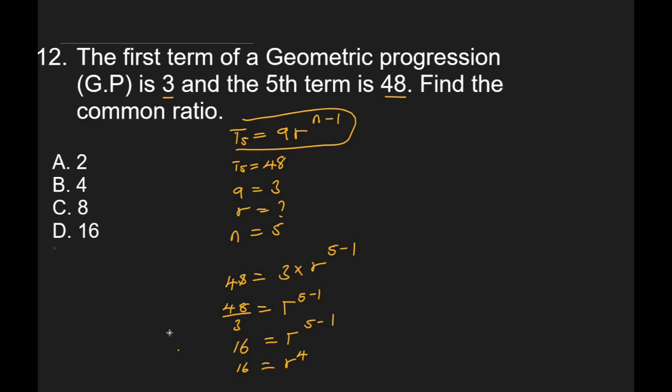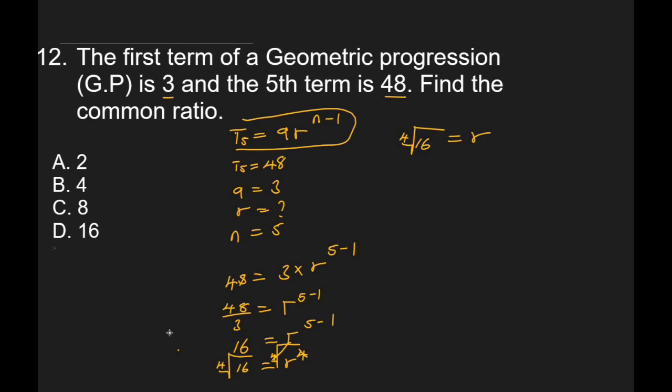Now remember, if I find the fourth root of this, I can also find the fourth root of this as well, and my equation still remains the same. The fourth root of a number raised to the power of 4 means that the roots and the power will be cancelled. So we can easily find the fourth root of 16 equal to r.